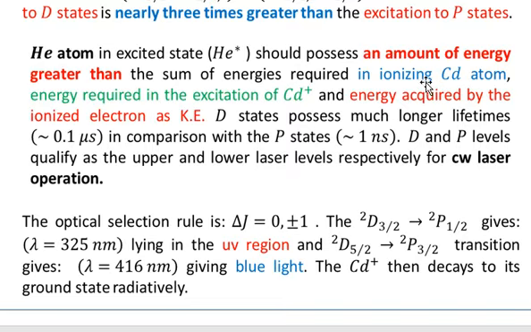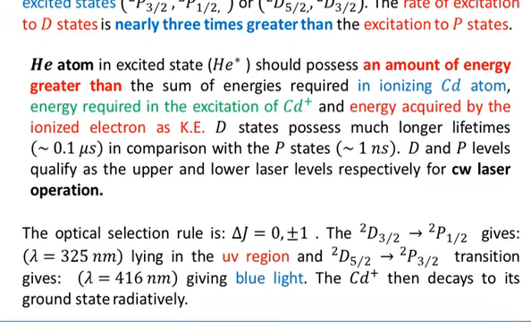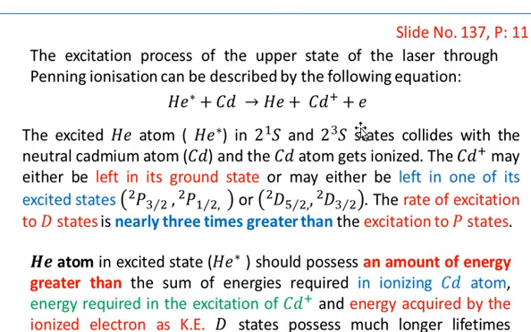That is, the energy utilized in the ionization of the cadmium atom, the energy utilized by the cadmium ion to raise it to the appropriate levels, that is the 4p levels, or the 5p levels, or the 5d levels, and the energy acquired by the ionized electron as kinetic energy. You see that this is the electron that is emitted through the process, so it should also gain some kinetic energy.